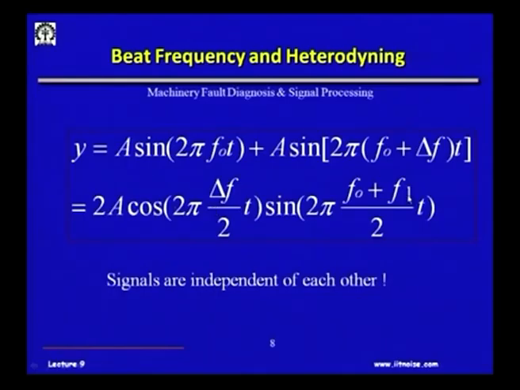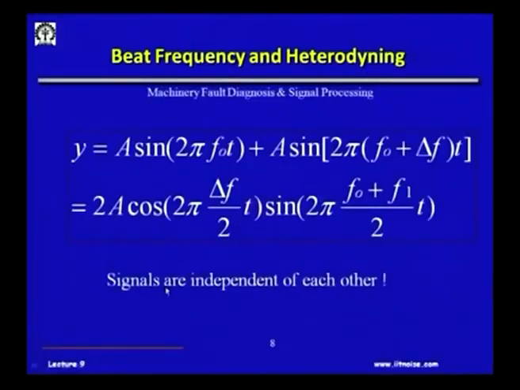Because delta f is nothing but f 1 minus f naught. So, this will become 0 and the whole thing will disappear, and then I will have a steady amplitude, okay. And this is known as signal heterodyning, to find the frequency of an unknown signal by matching it with the frequency of a known signal.